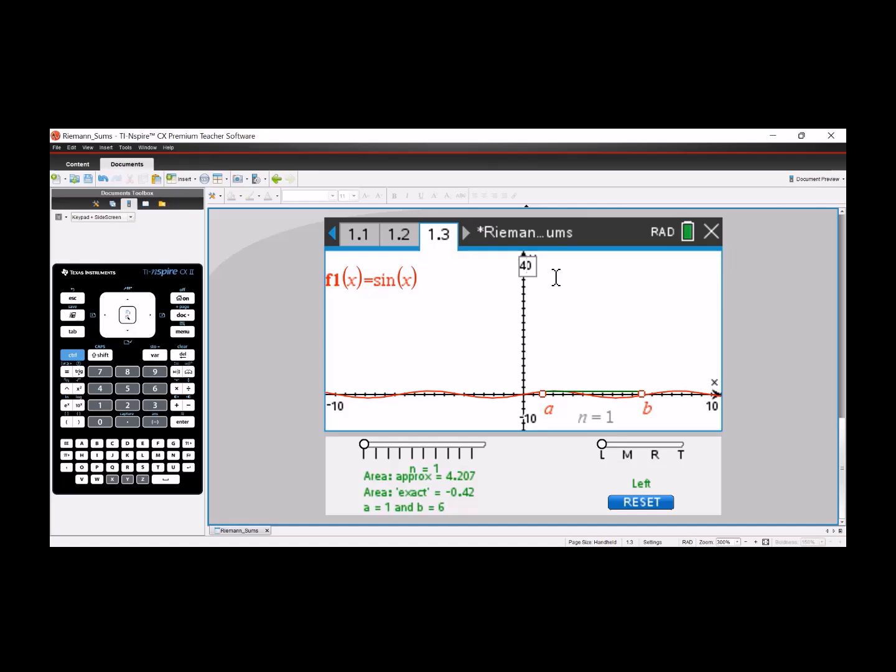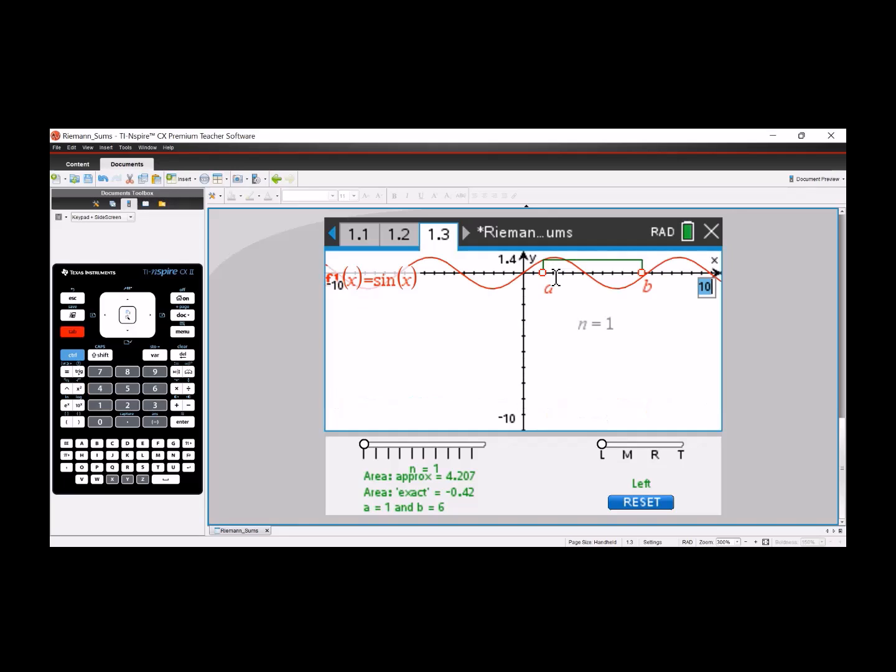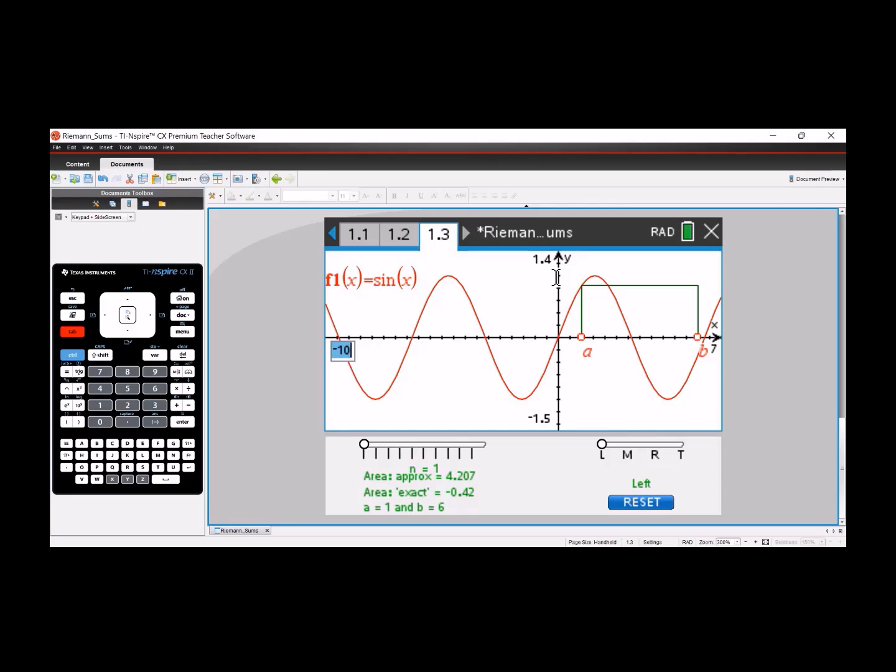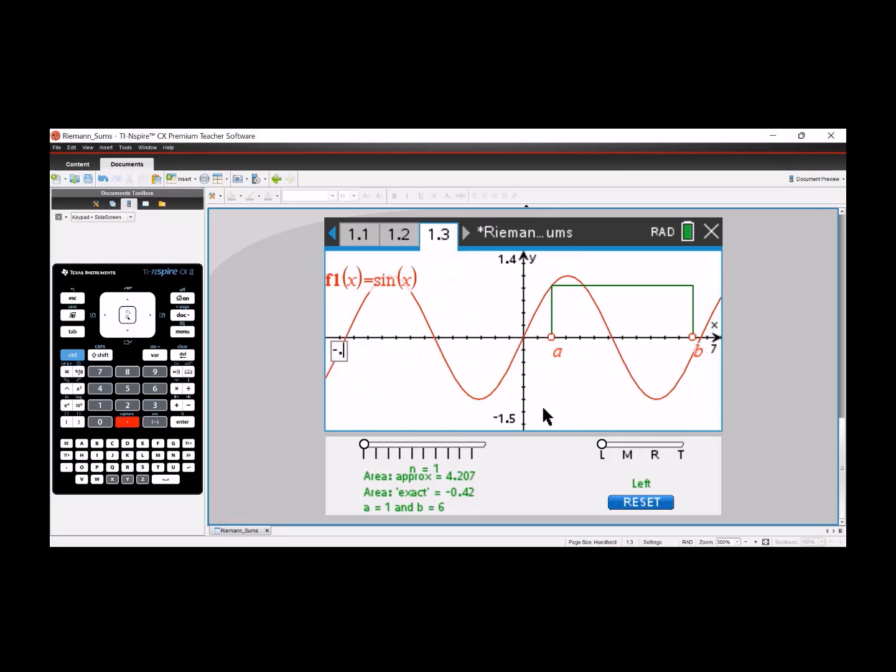Now sine only goes up to 1, so let's make this like 1.5. Around 2 pi is about 6.2, so let's just say we'll go to 7. Negative 1.5 again. Negative 1.5. And then negative 0.5.